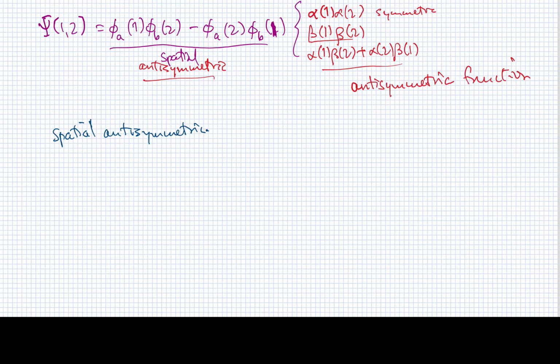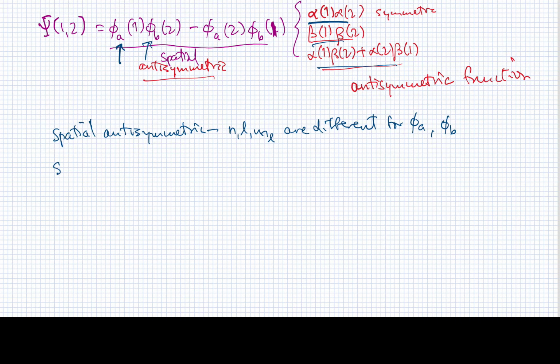Well, the spatial part antisymmetric occurred here where I had two different orbitals. So in other words, the values of the quantum numbers are different for these two orbitals. In the case of the spins, though, they're either both alpha, both beta, or they're combined in this sort of symmetric way.